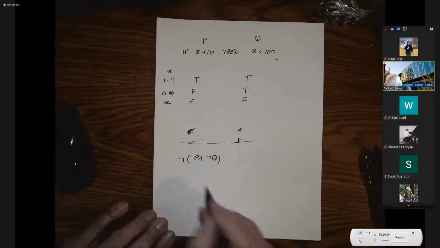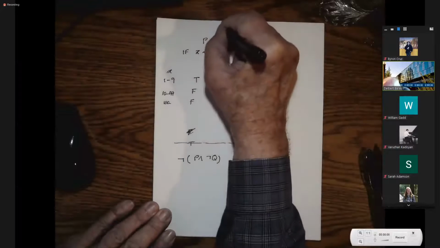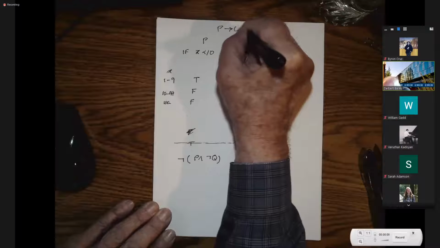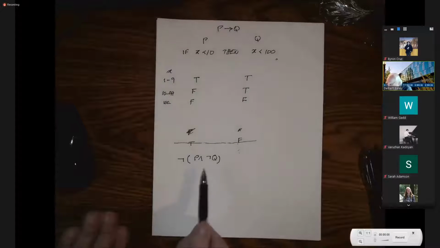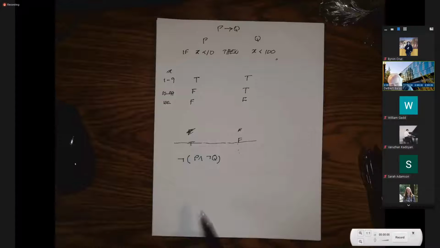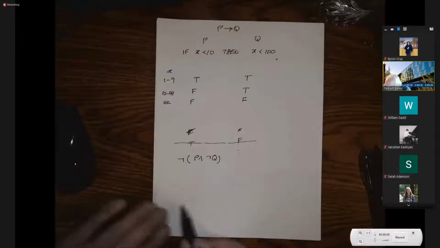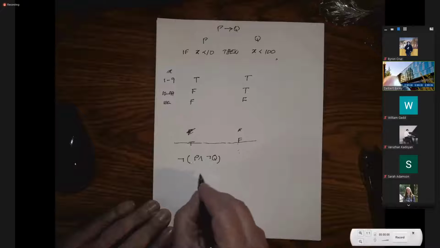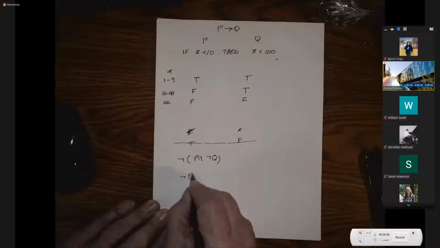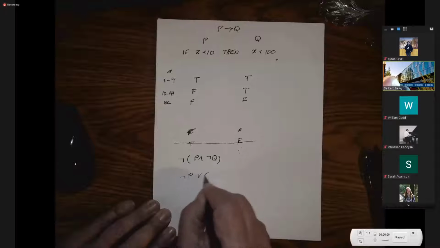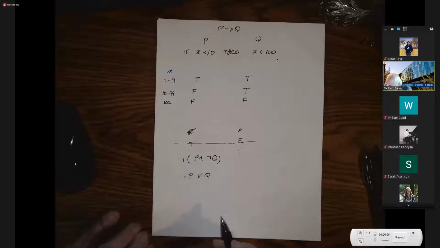This is the same thing as P implies Q. In fact, if we do a truth table for the two of them, we get exactly the same entry. Okay, this is also the same thing as not P or Q. Okay, any questions on that?